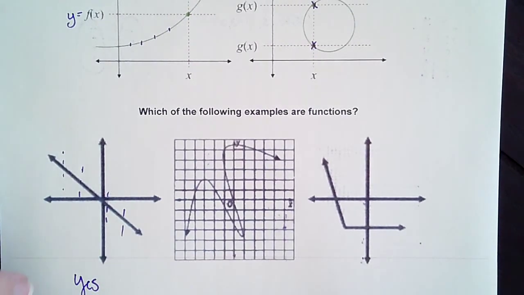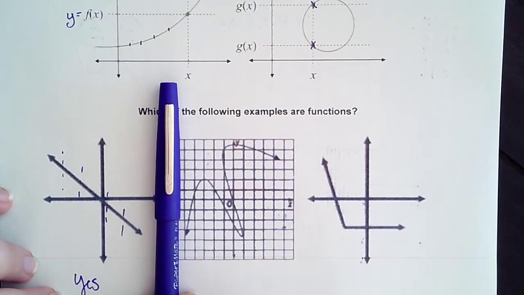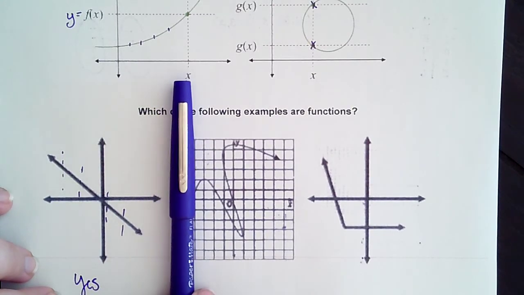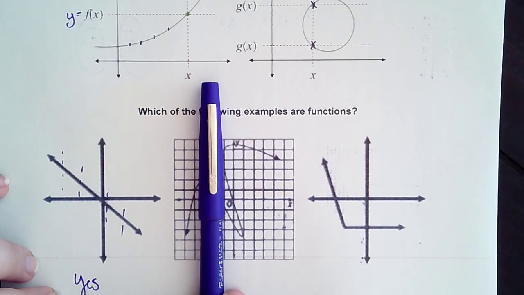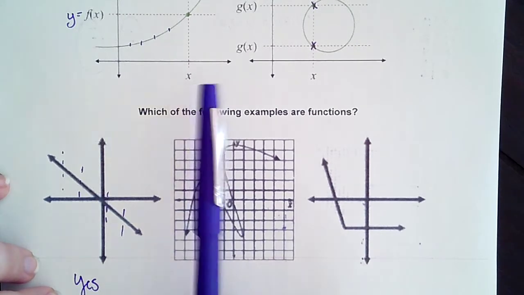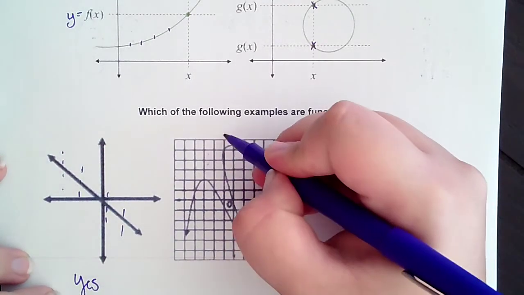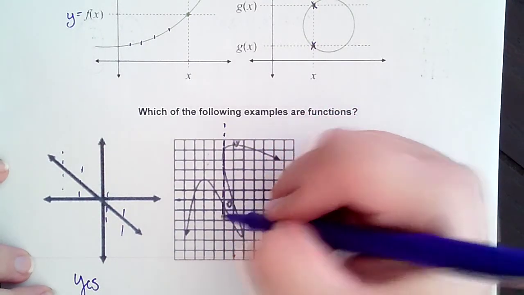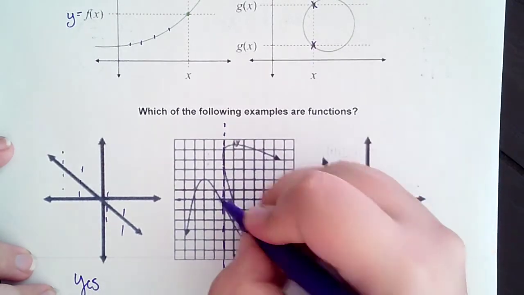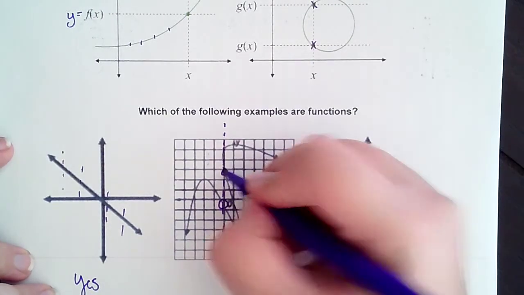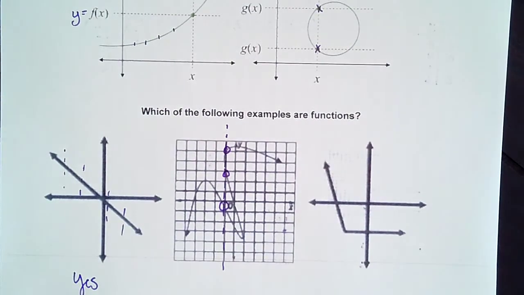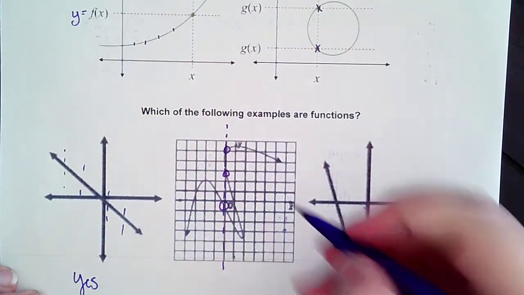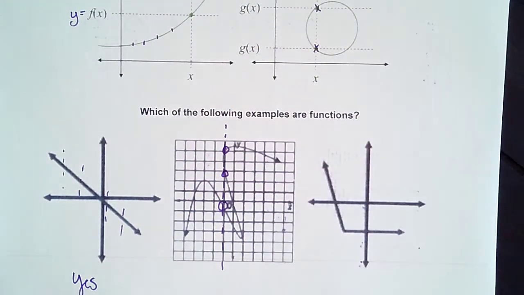However, the next one, if I do the same test, sure, it's okay until we get to about here, where we don't just hit 2 times, we actually hit multiple times, and I'm going to draw that line in. If I do the vertical line test right here, I hit 1, 2, 3 different times. If I do it here, I hit 1, 2, 3 different times.